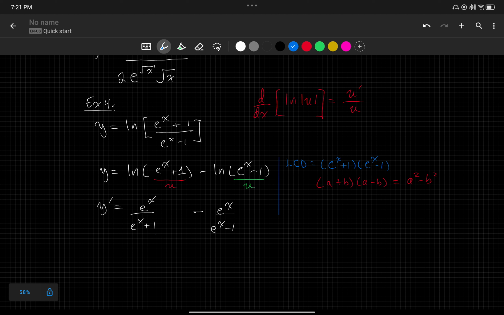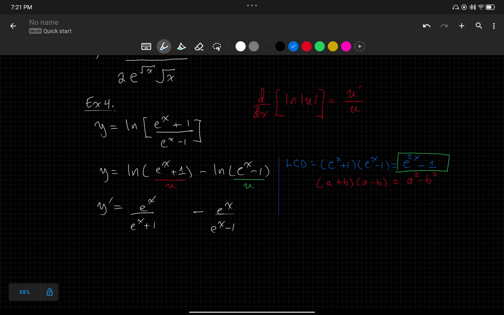So for that reason, this is going to be the first one squared. So if you square, you multiply exponents. That's 2x. Minus, if you square, 1 squared is 1. All right, so let's keep that handy. We're going to transfer it over in a little bit.